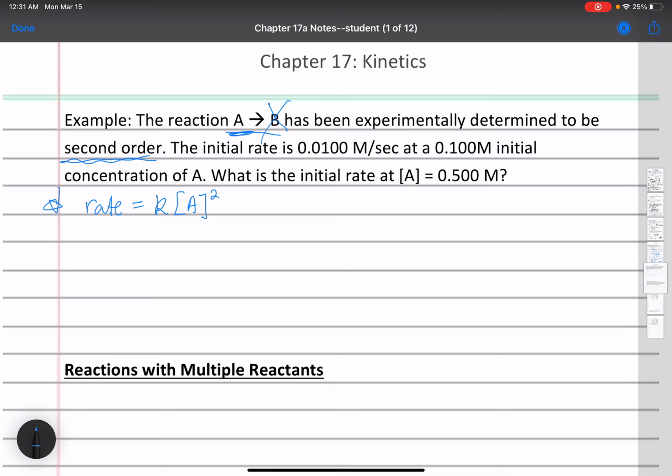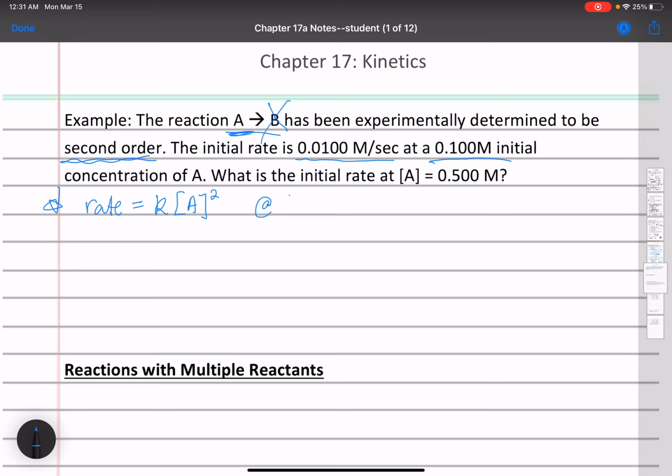Now it says the initial rate is 0.0100 molarity per second at an initial concentration of 0.100 molar. So I'm just going to write that down.